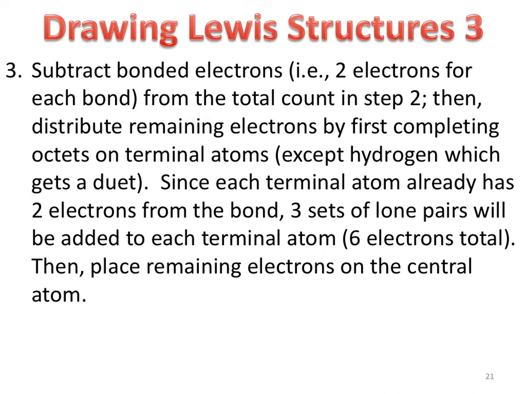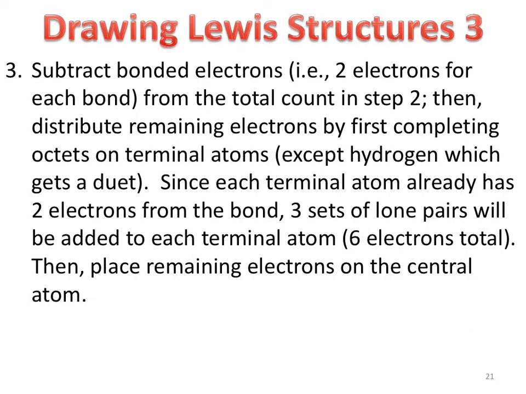Step 3. Basically, we're going to start with the accounting of the electrons. We're going to subtract the bonded electrons, because there are 2 electrons in each bond, from the total count in step 2. And then we're going to distribute the remaining electrons as lone electrons by first completing octets on terminal atoms, except hydrogen, because it's in period 1 and only gets a duet.